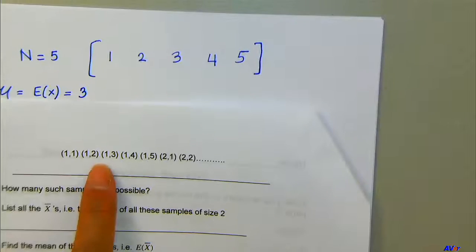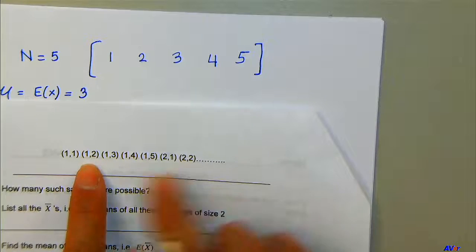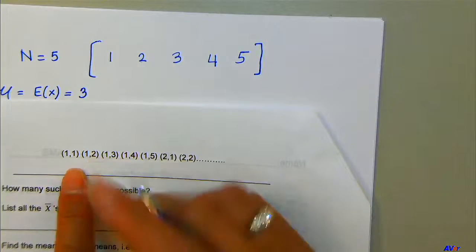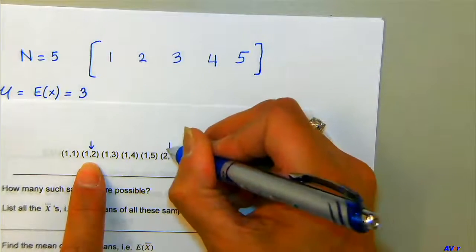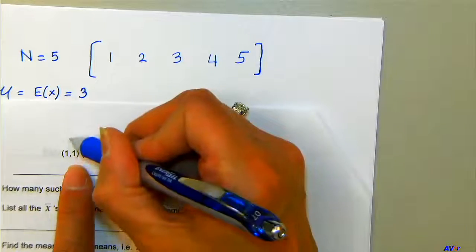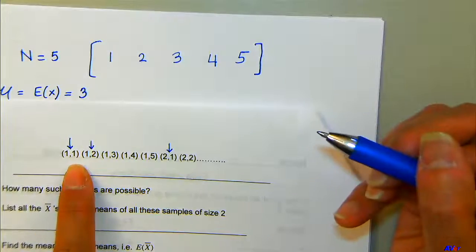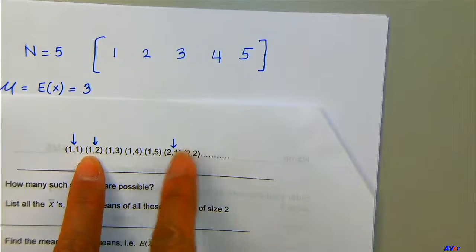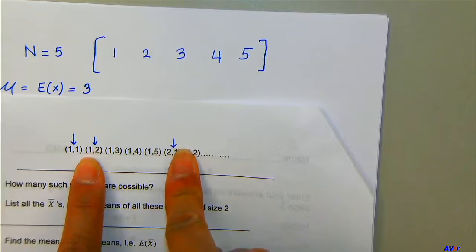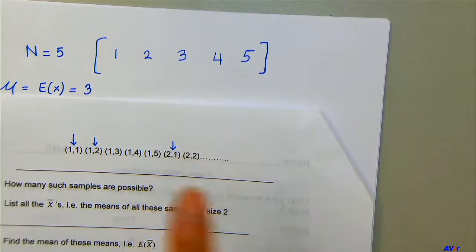But here, it does matter because some of them, like this mean of 1.5, will occur for this pair as well as for this pair. But this mean of 1 only occurs one time. So I cannot exclude the doubles in the first step because some values occur one time and some values occur 2 times.